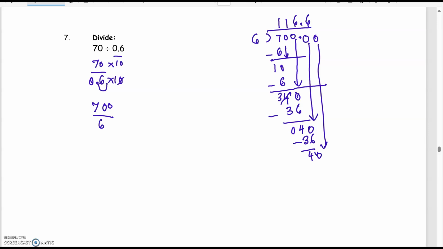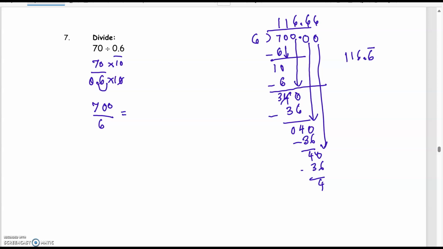So 6 goes again 6 times into 40, leaving a remainder of 4, and you can see the pattern here. 116.6666. The first time you see the recurring number after the decimal point, put a bar over it.